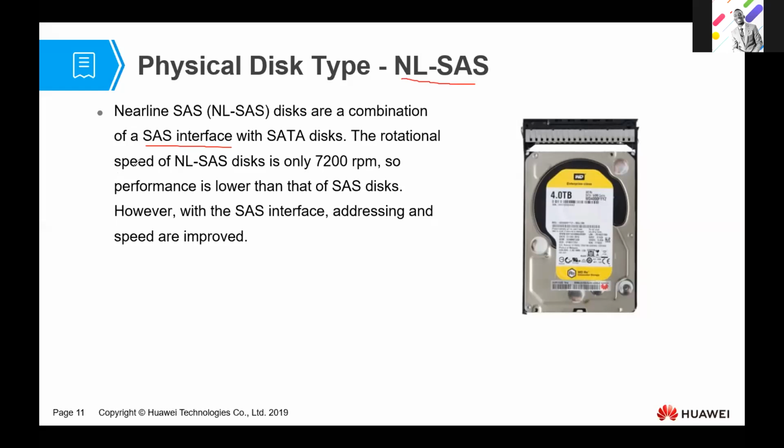The rotational speed of nearline SAS disks is only 7,200 RPM. So performance is lower than that of SAS disks. However, with a SAS interface, addressing and speed are improved. So addressing and speed are improved when we are using a SAS interface.